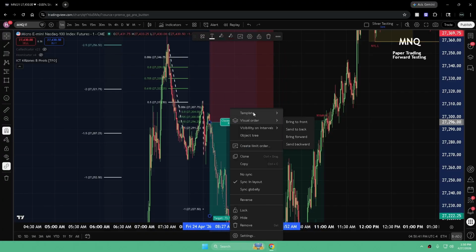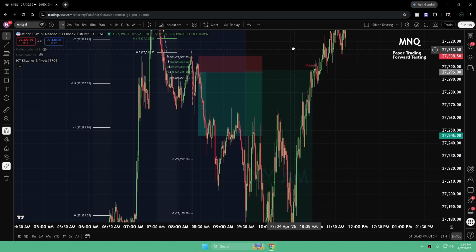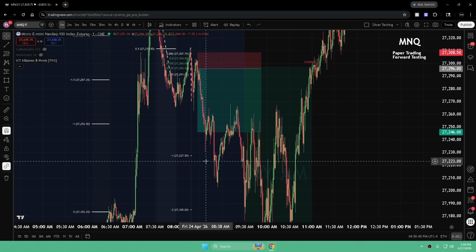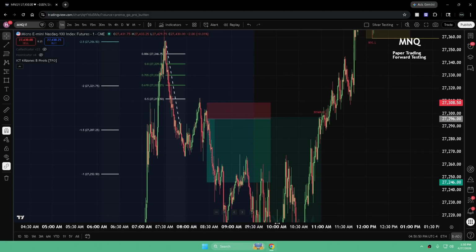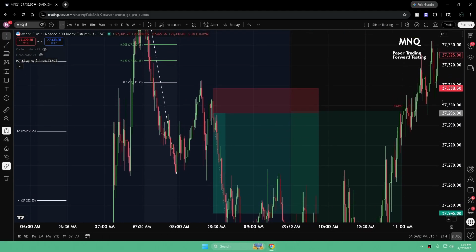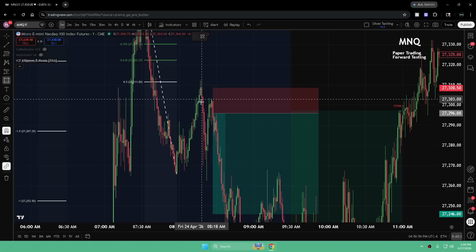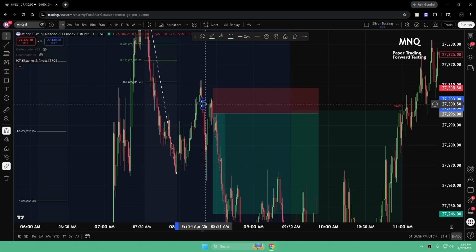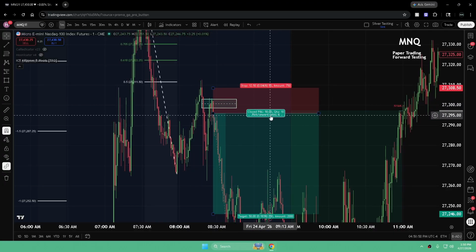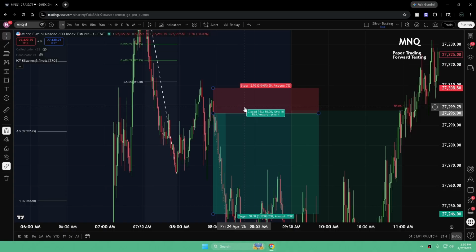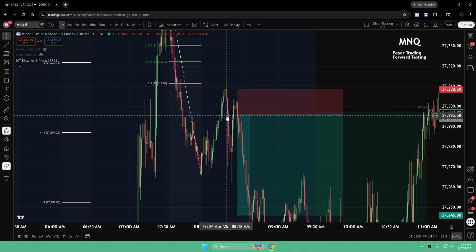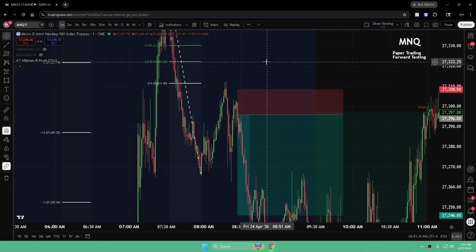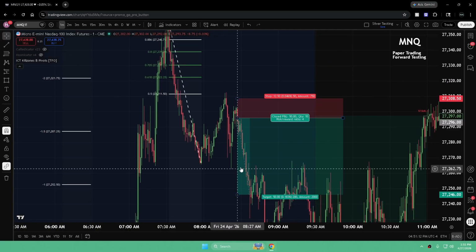Boom. 1 to 4, and boom, that hits. Now, you could even get in off of this gap right here, right? You could have got in off there. If anything, you can see that this huge wick right here is just manipulating.